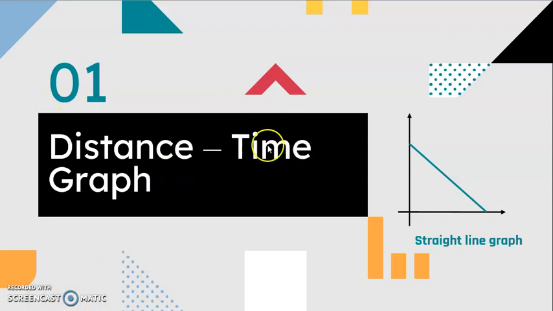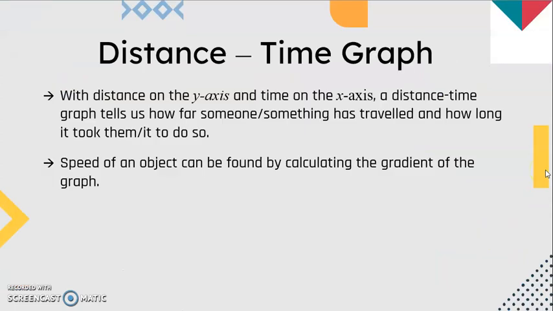Usually a distance time graph is a straight line graph, okay? With distance on the y-axis and time on the x-axis, a distance time graph tells us how far someone or something has traveled and how long it took them to do so.